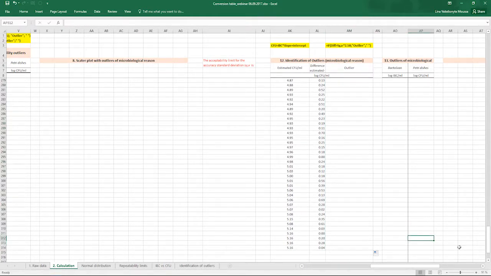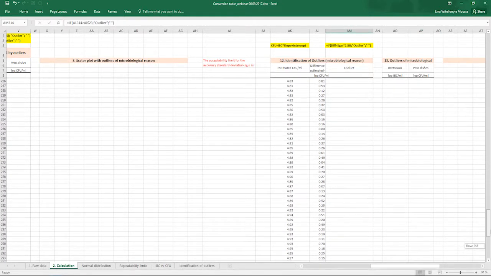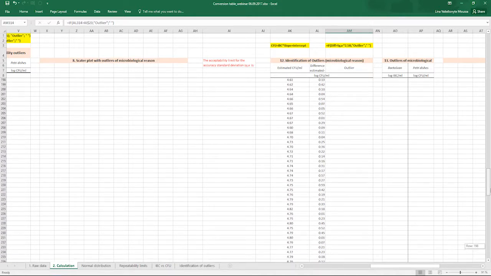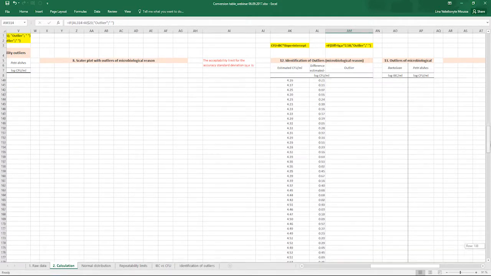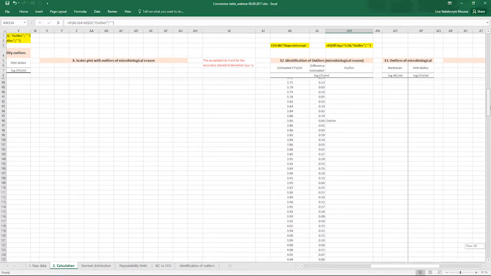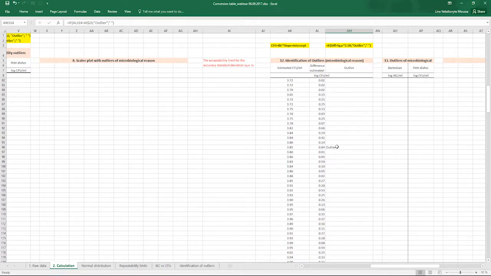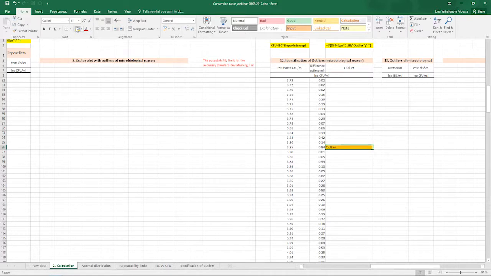Let's see if we got outliers. Yes, we have one outlier here, which we have to mark.